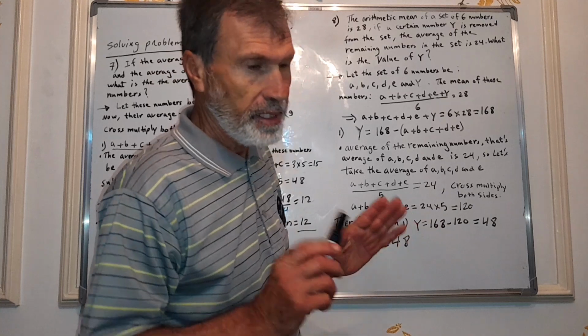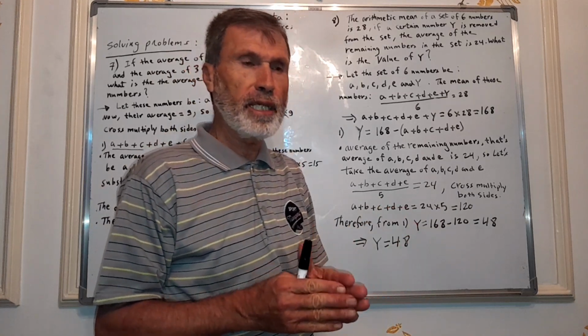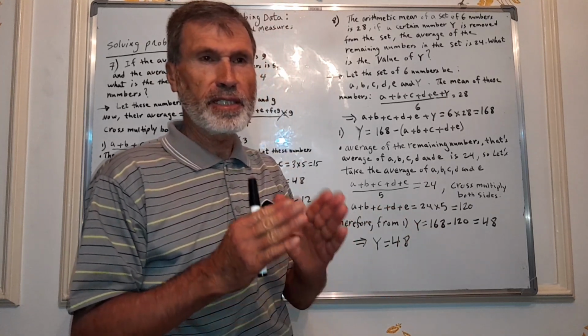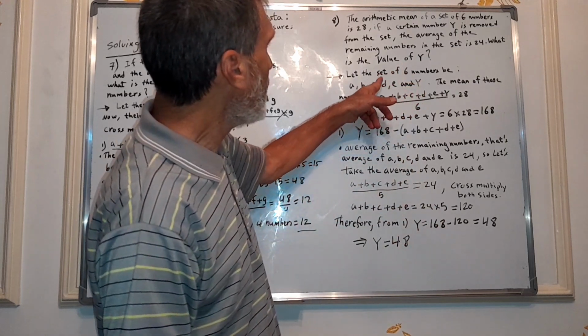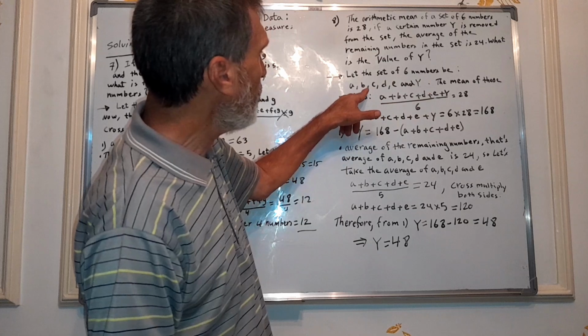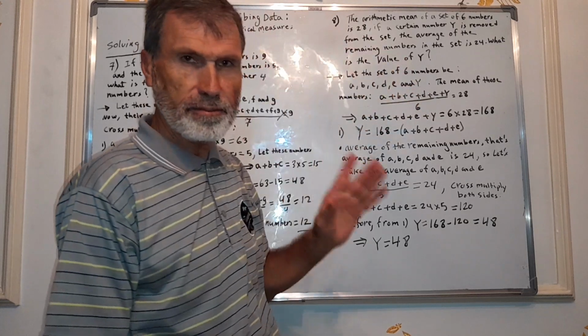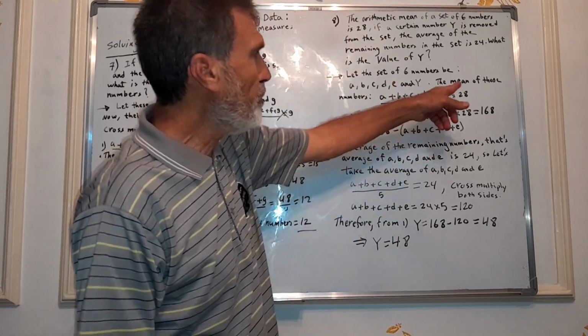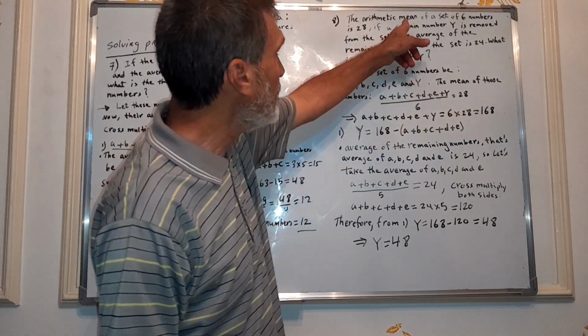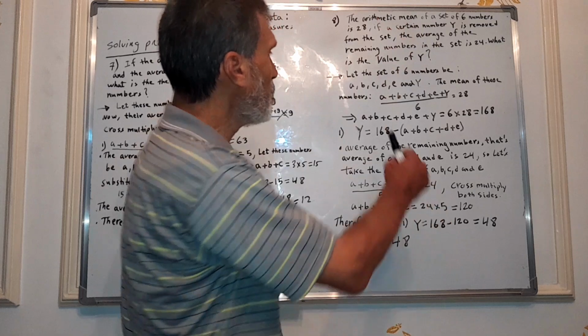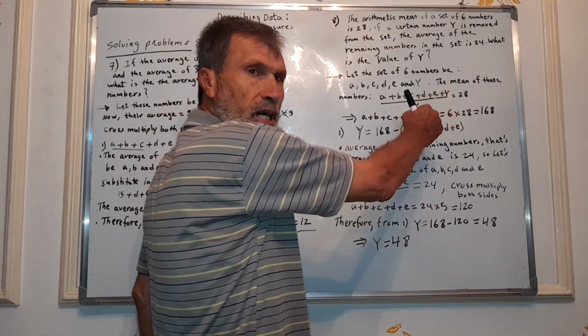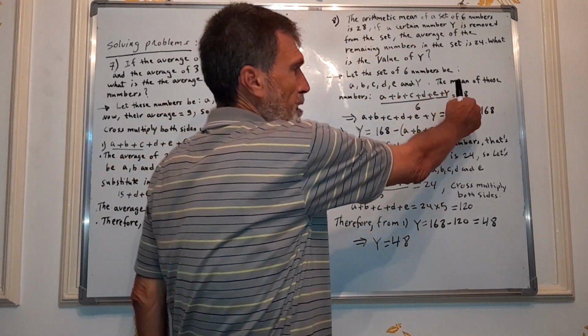First of all, the very first thing you're going to say, let the set of 6 numbers be A, B, C, D, E, and Y. Great. So the arithmetic mean of these numbers is 28. So what we do, we just sum them, divide by 6 is equal to 28.